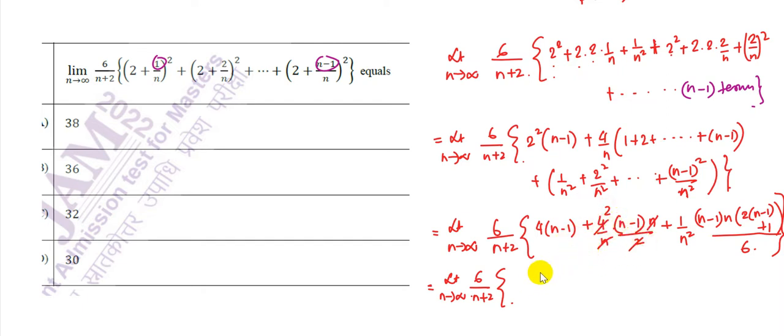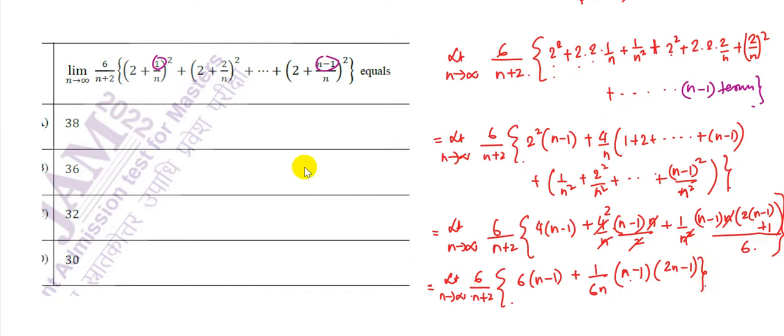So 4 plus 2, that means 6 into n minus 1, and here also I can cancel out one of the n's, and I get plus 1 by 6n into n minus 1 into 2n minus 2 plus 1, so 2n minus 1.